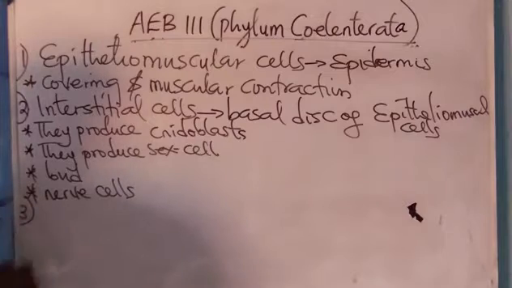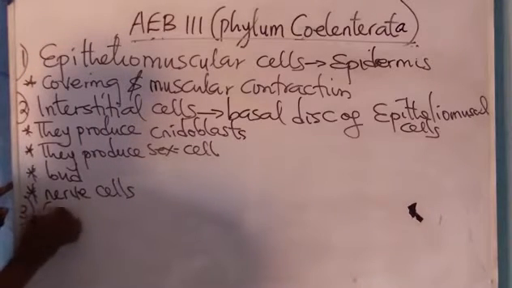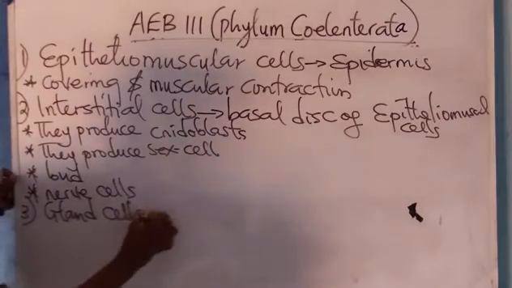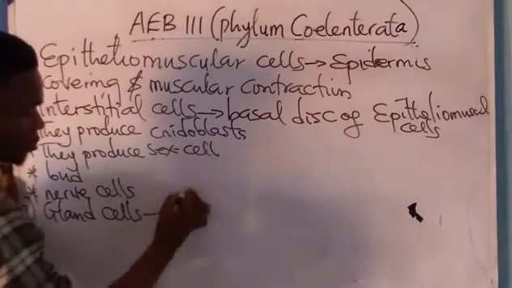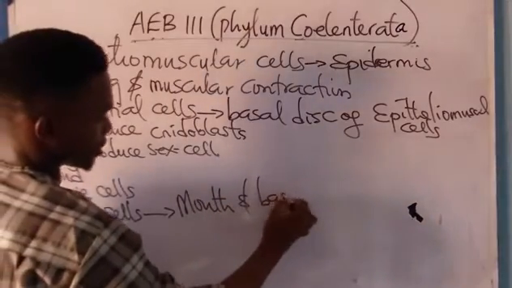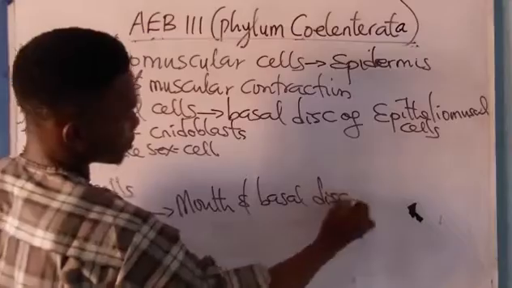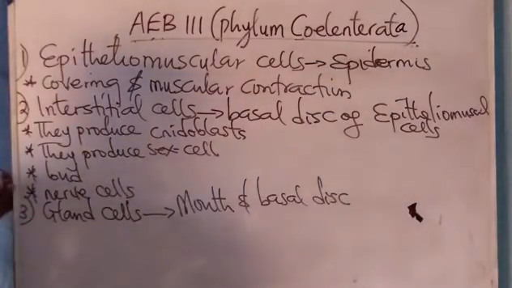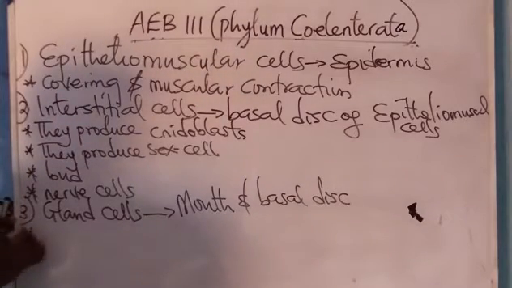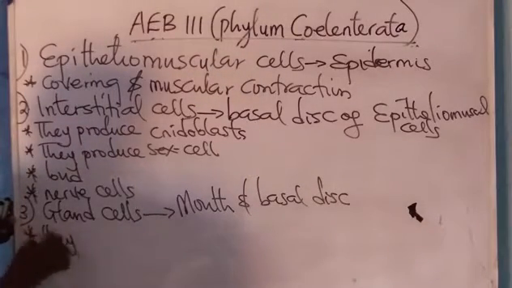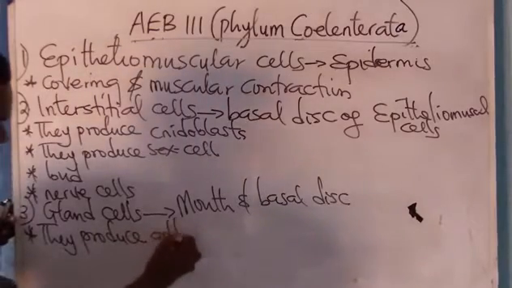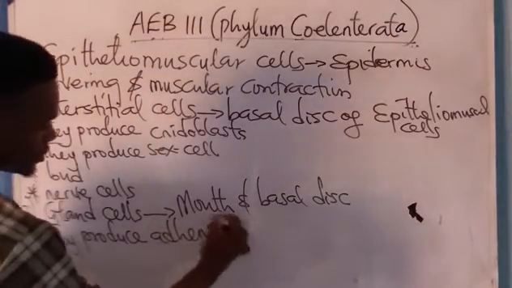Number 3, you have the gland cells. The gland cells are found near the mouth and basal disc. What are the functions of these gland cells? One, they produce adhesive substance.